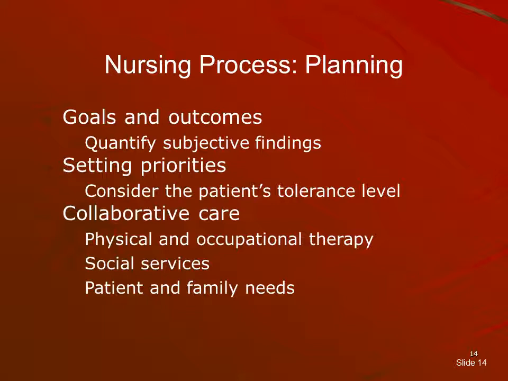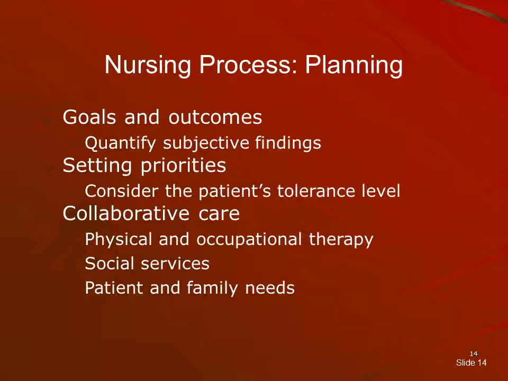These include objective data, such as oxygen saturation levels, laboratory findings, chest x-rays, EKG patterns, blood pressure, and pulse. Quantify subjective findings, such as the reported degree of breathlessness or pain on visual analog scales, which are scales that the patients can point to determine their level of breathlessness or their level of pain.